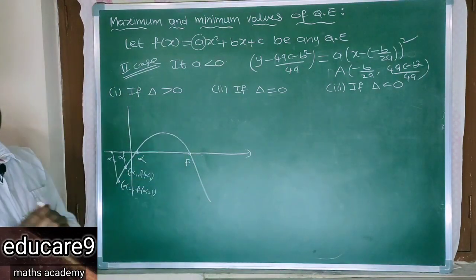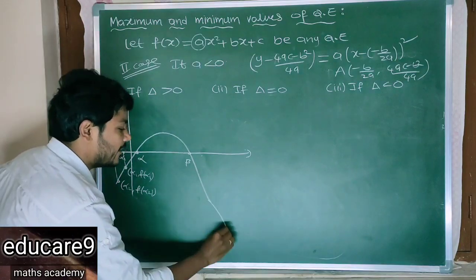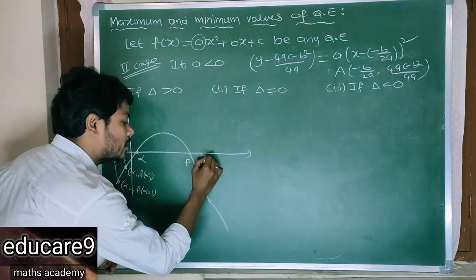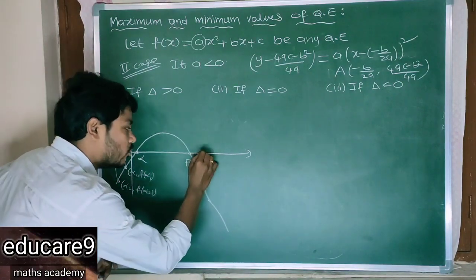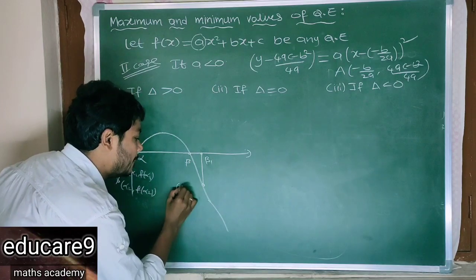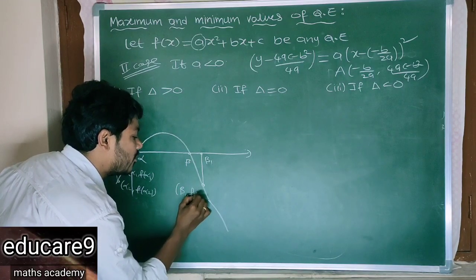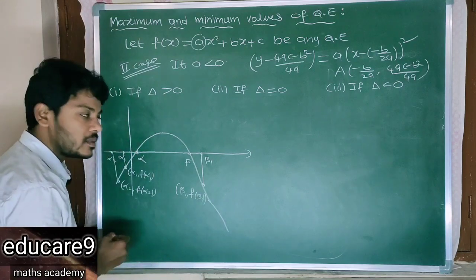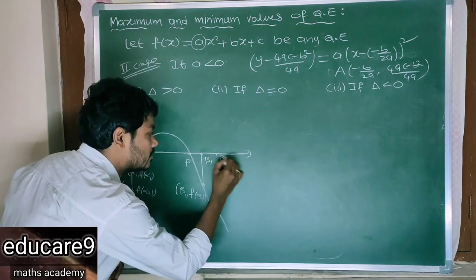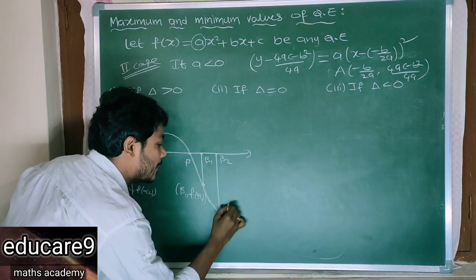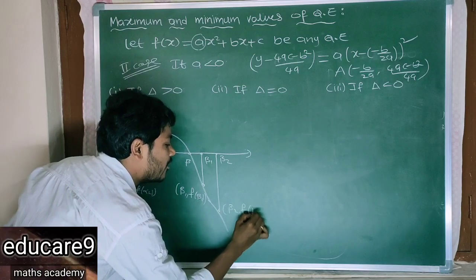Now x greater than beta. If x is greater than beta, for example, this is beta 1. So what is this point? Beta 1 comma f of beta 1. Suppose this is beta 2. What is this point? Beta 2 comma f of beta 2.